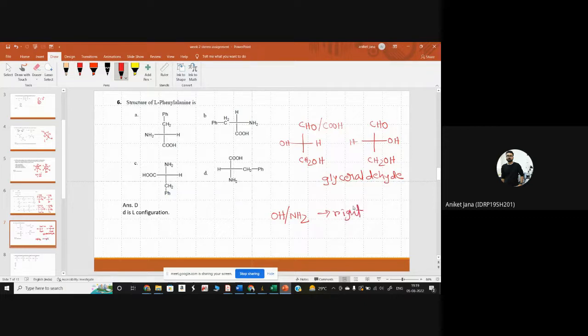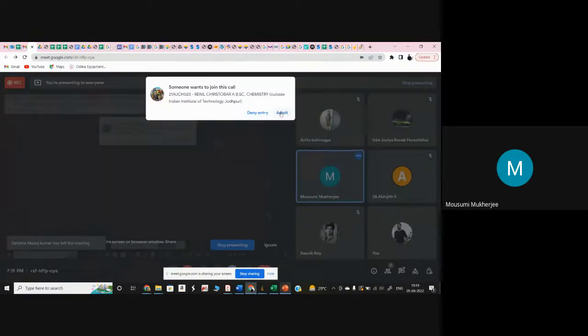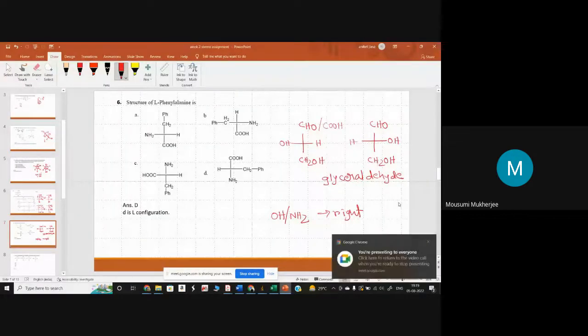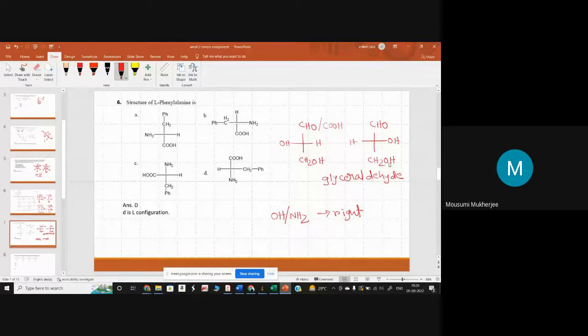The second one is L. The one you drew on the right side, that is L? If it is on the right side, then which configuration is it, D or L? Right side, it is L.